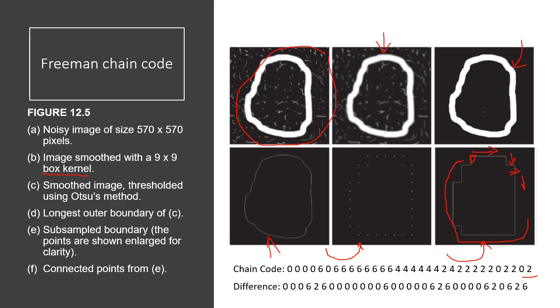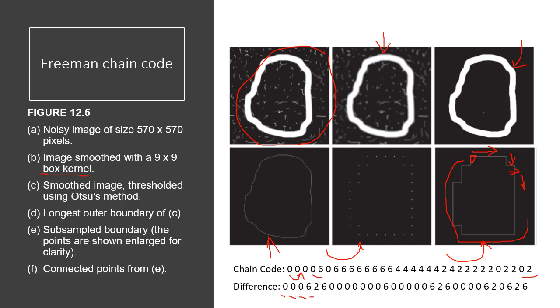Now if we start from this position, take the difference with the next chain code, then from 0 to 0 the difference is 0. Okay? And then from 0 to 0 again the difference is 0 again, and then from 0 to 0 again the difference is 0. Next we have from 0 to 6, and the difference is 6.